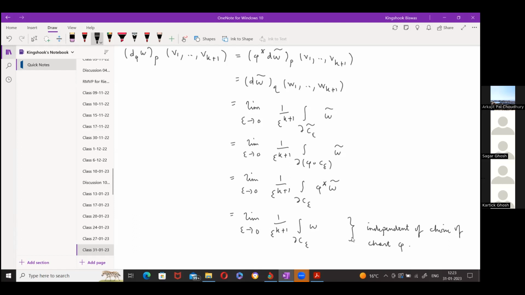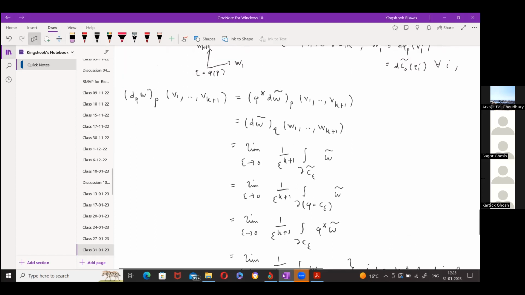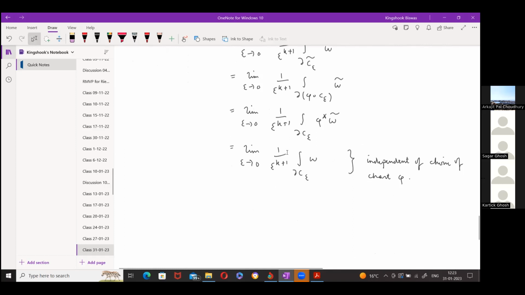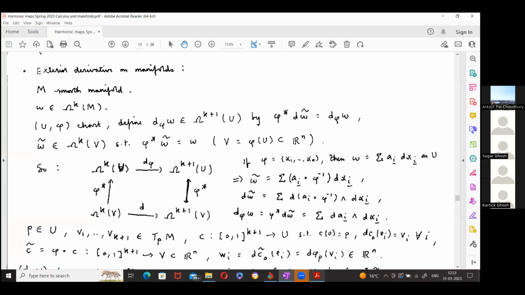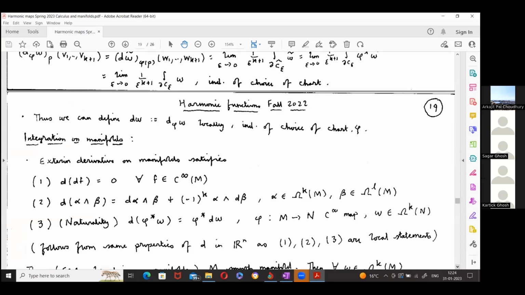So that means, therefore, that this exterior derivative, which we defined a priori initially using the chart phi, we find that its value actually does not depend on the choice of chart. Is that clear? Okay. So therefore, the exterior derivative is well defined, independent of any choice of charts. Okay. So that's what I wanted to do. So we have the exterior derivative defined independent of any choice of chart.